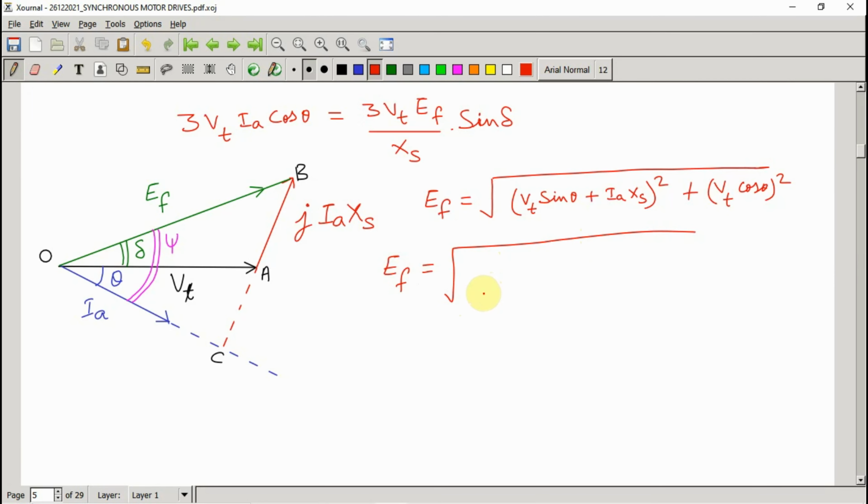Vt we know is 6.35 kilovolt, and I will calculate in terms of kilovolt. And what is sine theta? We know cos theta is 0.958, which we calculated earlier.